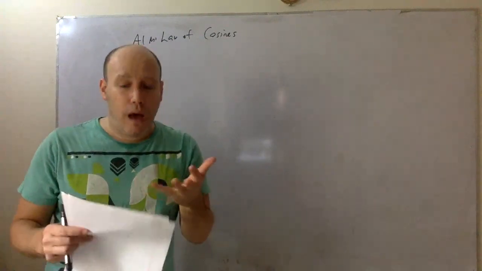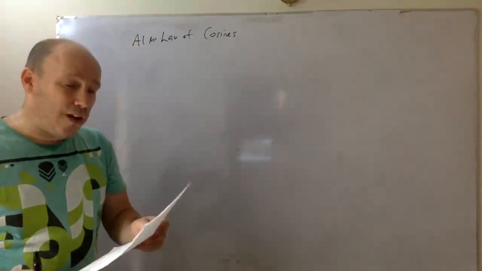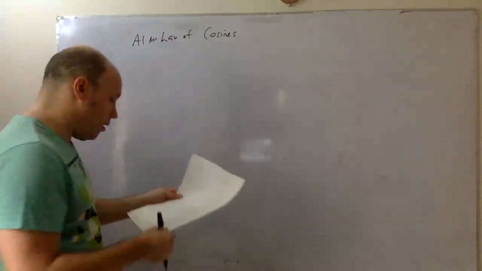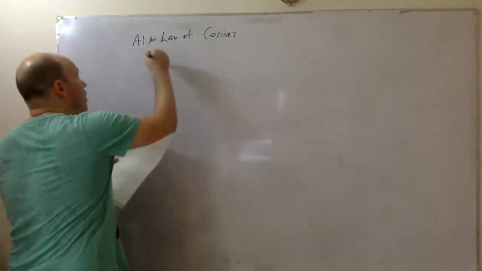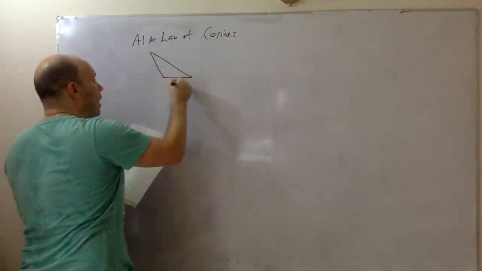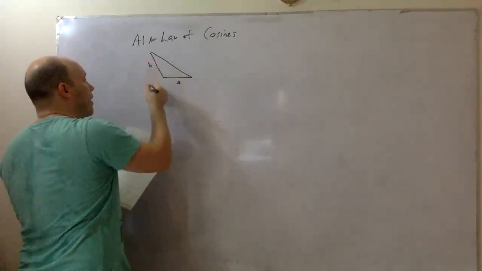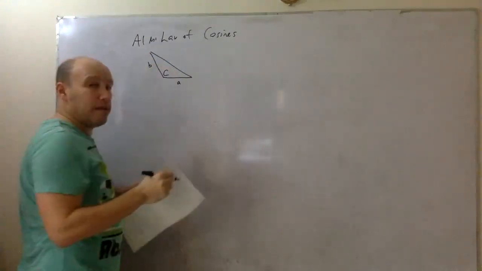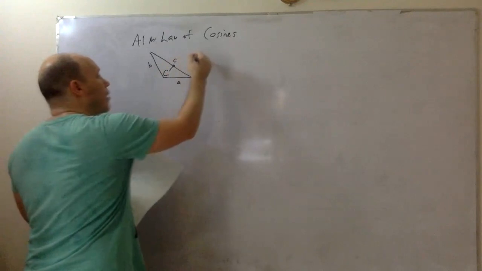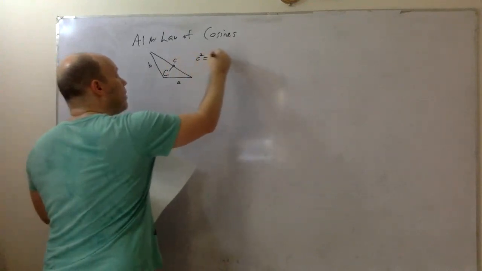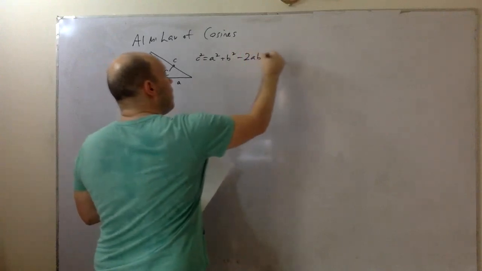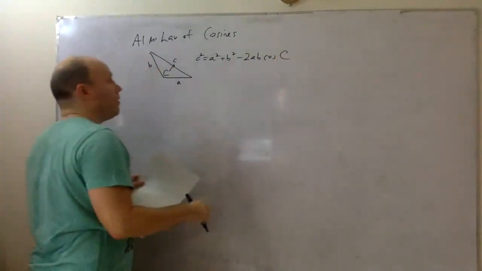Another way we can bring the sides and angles of a triangle together is the law of cosines. You might have seen the formula. If you take any triangle, and let's call this side A, this side B, and this big angle C, I can find this opposite side with the equation c squared equals a squared plus b squared minus 2ab cosine C. Couple of things.